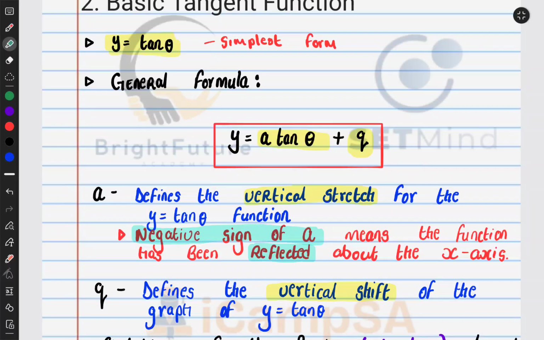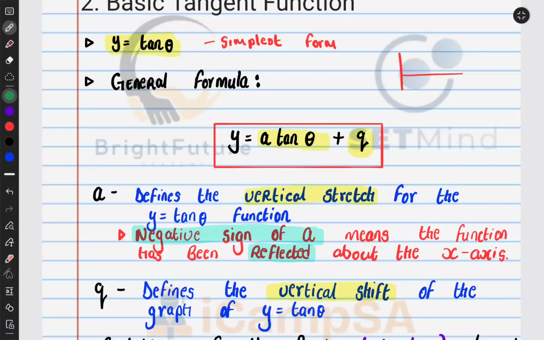So if the original function started from 0 and went above the x-axis, to the positive y-axis, once it has been reflected, you will see that the function, maybe let me just do a quick sketch to illustrate what I'm talking about.